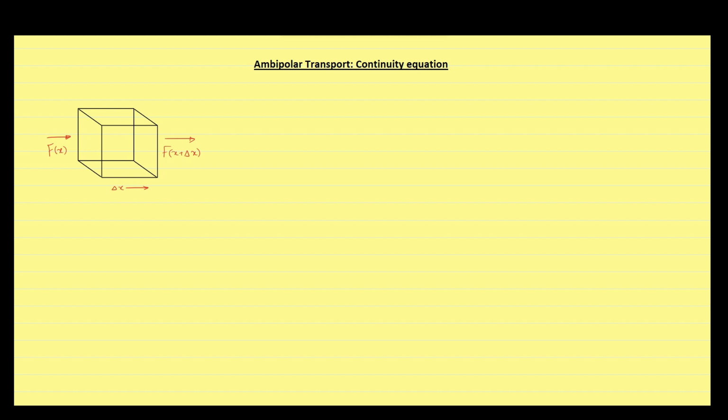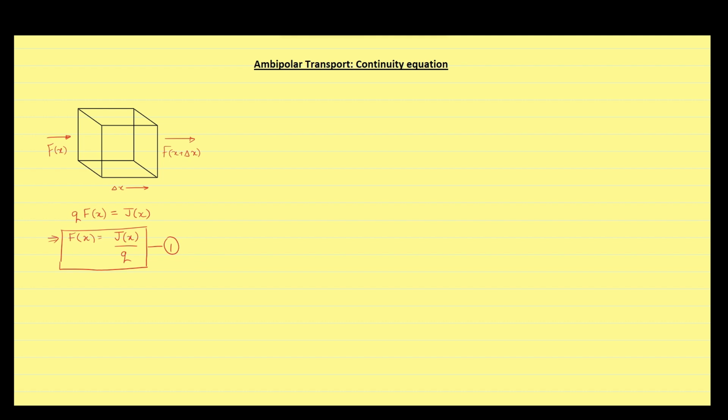Also, q times Fx is nothing but the current density, as if we multiply the charge with the number of particles flowing per unit area per second, it gives us the current density. We can rearrange it like this and call this equation V1. We will be using this equation later.